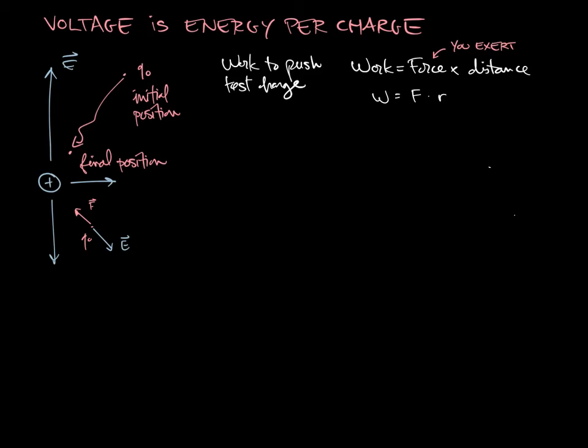The problem is we can't just calculate the total work this way, because what's happening to the force? The force is changing. It's small when we're far away, so we have less force over here, and we have more force if we get closer in.